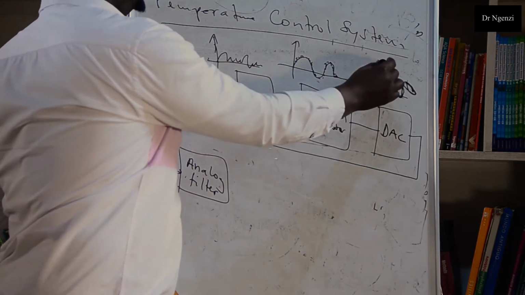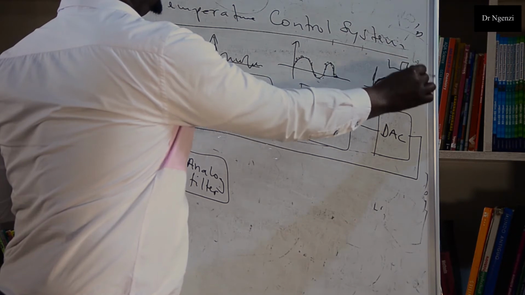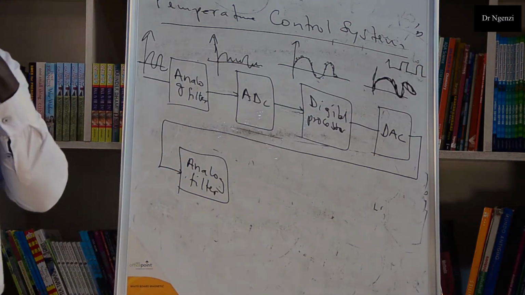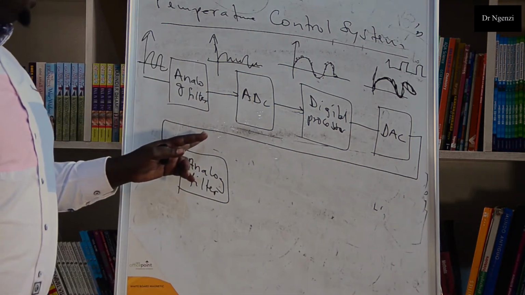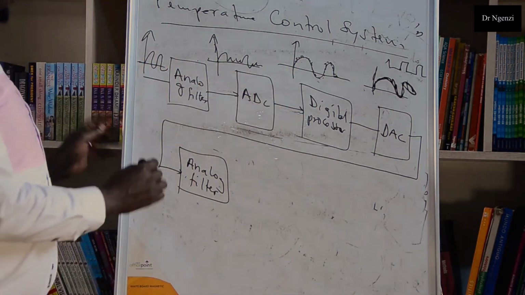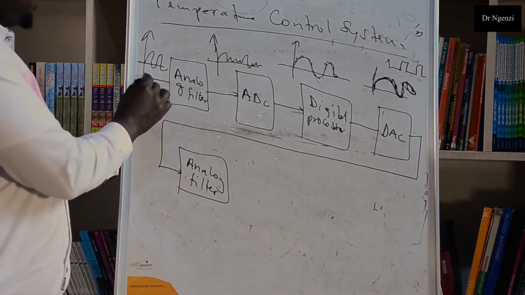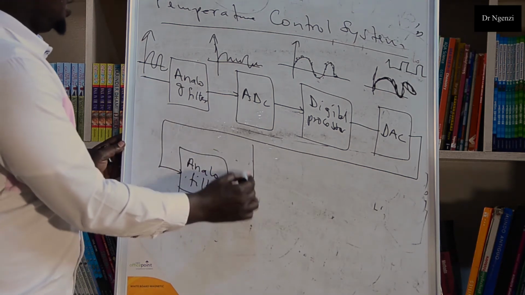For example, if you have a signal like this, then it should undergo the DSP. And then, guess what? After that, it's going to look like the first one, which was the input. Let me draw it here.